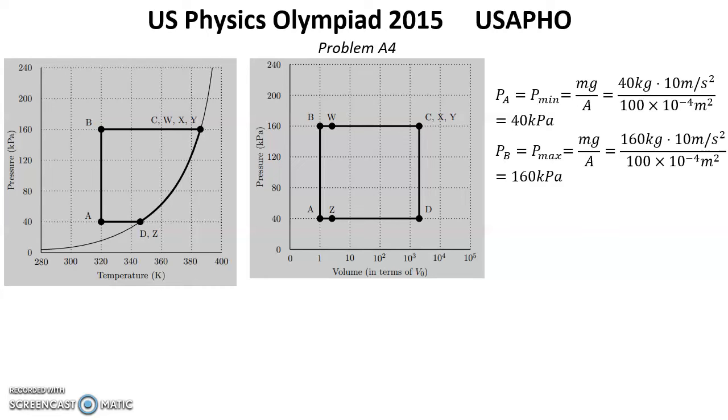So X and C are also at the same point. It is expected that the examinee will know that liquid water will only expand slightly when heated over the temperature range. So point W must be very close to V equal V0 on the PV diagram.